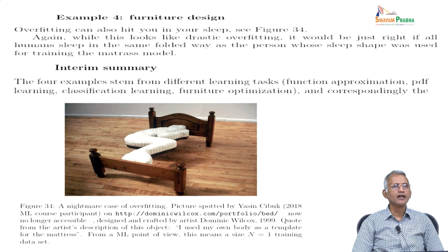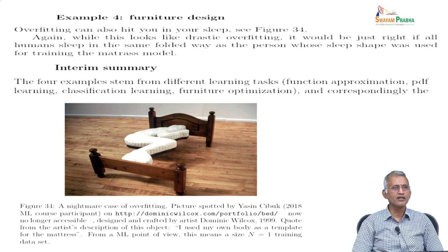So, the interim summary is that the 4 examples stem from different learning tasks: function approximation and PDF learning, classification learning, furniture optimization, and correspondingly the picture shows the nightmare case of overfitting. Pictures spotted by Yashin Sipok, and refer to the website, no longer accessible, design and crafted by artist Dominic Wilkos in the year 1999.